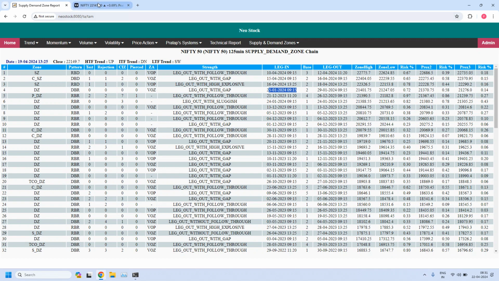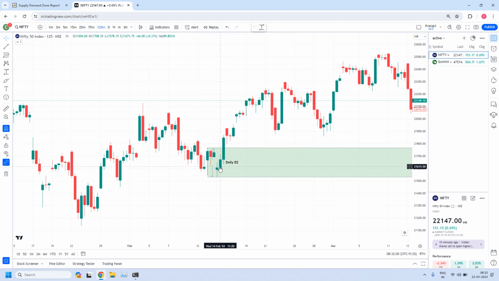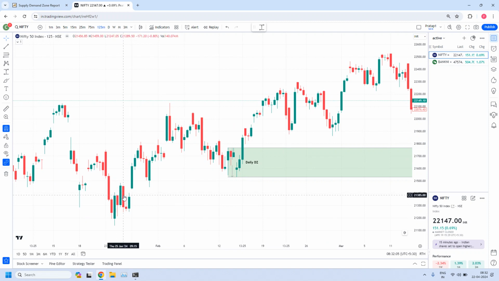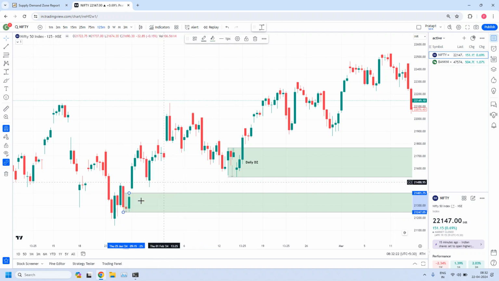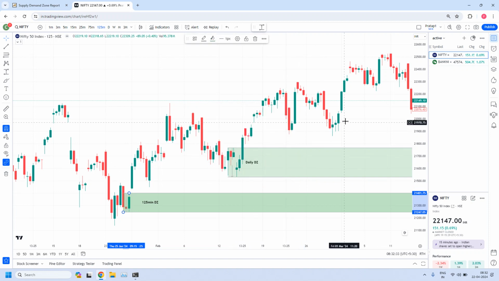After that 2 base candles. So it's very far away from the daily demand zone. But anyway, let us mark this is the immediately available 125 minutes demand zone. And we will focus on this once this daily zone is violated.